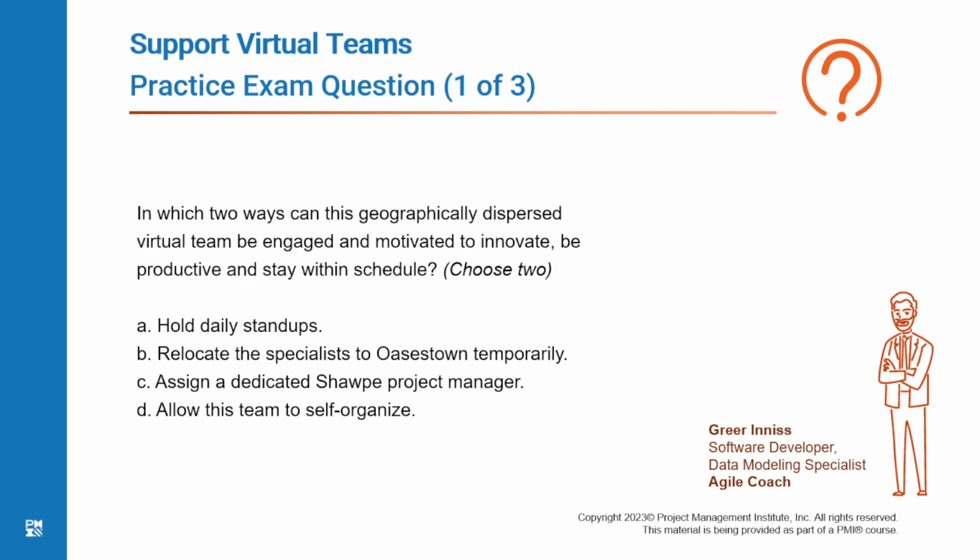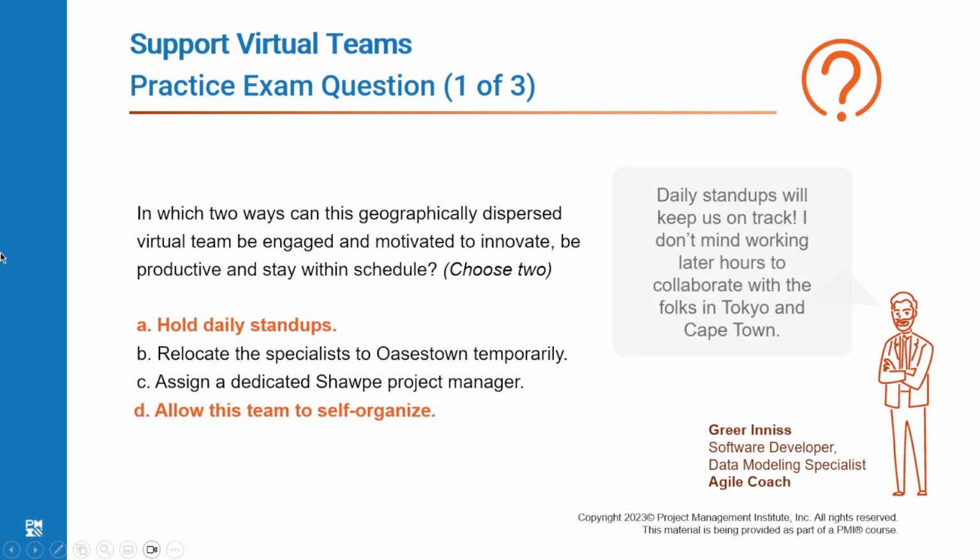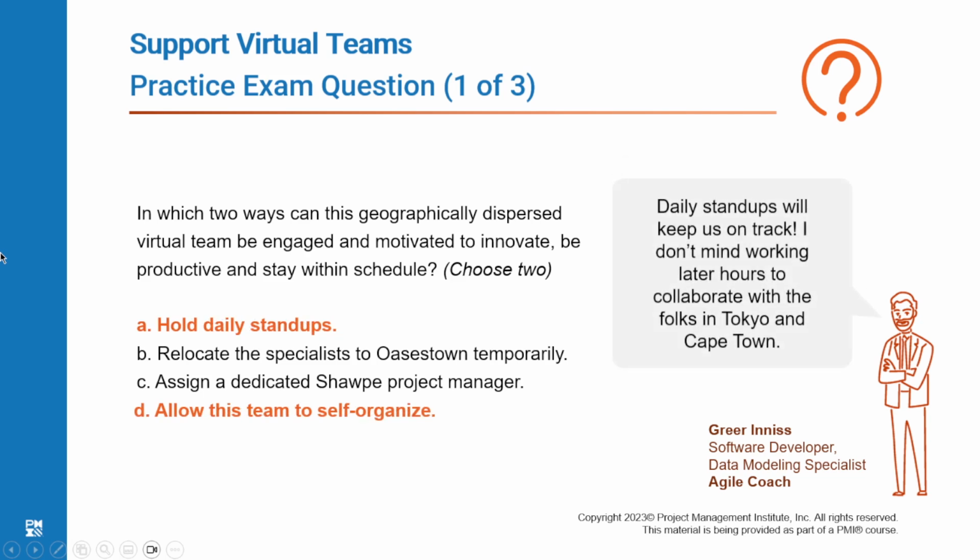Okay, let's review the damage. So, in which two ways can this geographically dispersed virtual team be engaged and motivated to innovate, to be productive and stay within schedule? Hold daily stand-ups, and allow the team to self-organize. Okay.